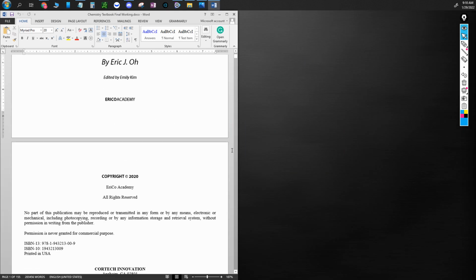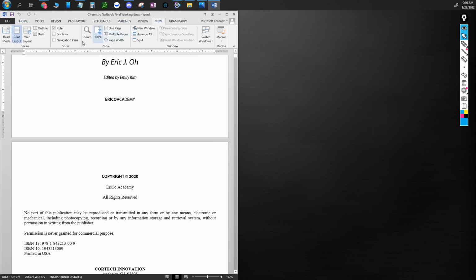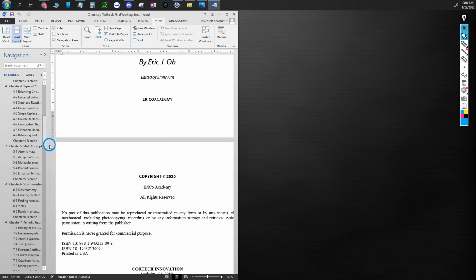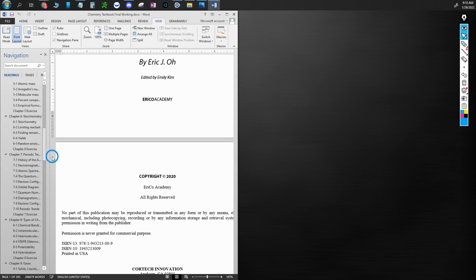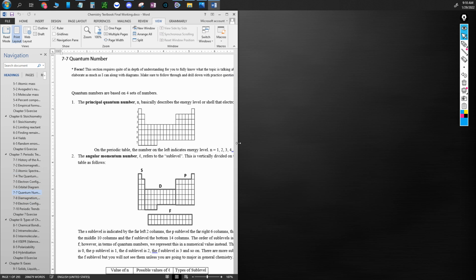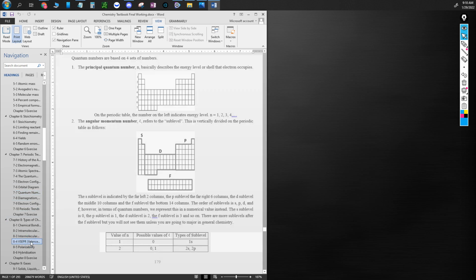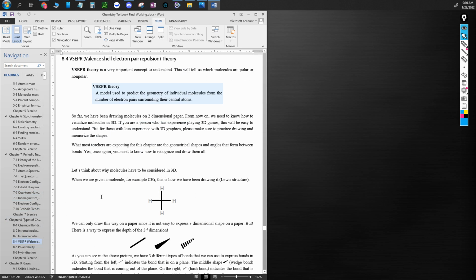Okie dokie. Trends. There you go. Okay, so basically all these structures and whatnot have a lot to do with non-metal compounds, which are covalent compounds.